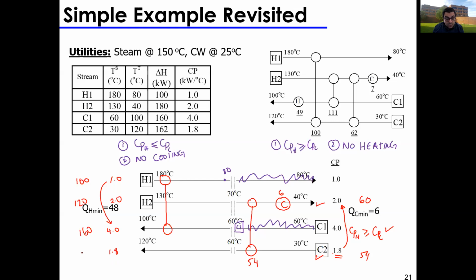I don't remember actually. I think it's 108, maybe. Let's calculate this. 60 multiplied by 1.8, it's 108. Good, so we have these numbers right here.